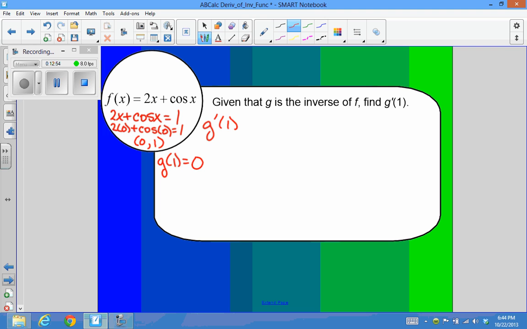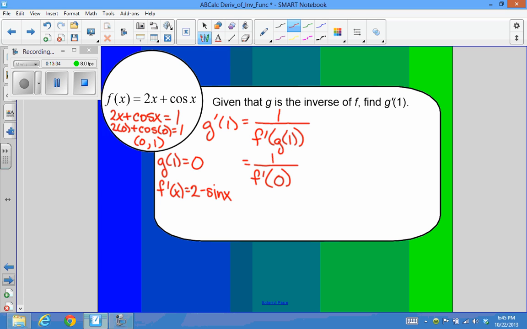Okay, so we have g prime at 1 that we were trying to figure out. That is going to be 1 over f prime of g at 1, and g at 1 was 0, so we'll put our 0 in there. Well, now I need to find f prime. If f of x was 2x plus cosine x, then f prime of x is 2 minus sine x, since the derivative of 2x is 2 and the derivative of cosine x is minus sine x.